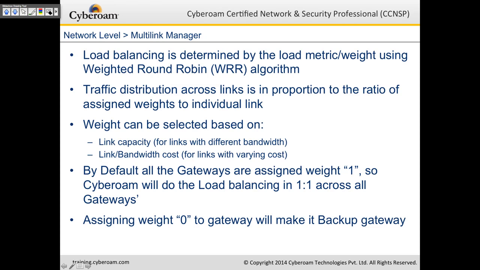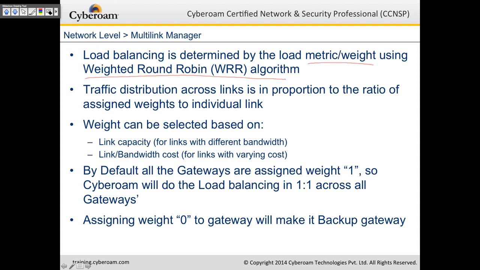This multi-link manager makes use of the weighted round robin algorithm to load balance traffic across multiple WAN links, and it decides based on the metric or weight configured on the gateway. The traffic distribution across links is in proportion to the ratio of assigned weights to an individual link.